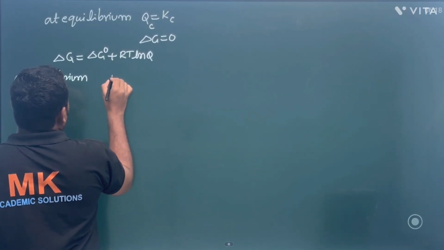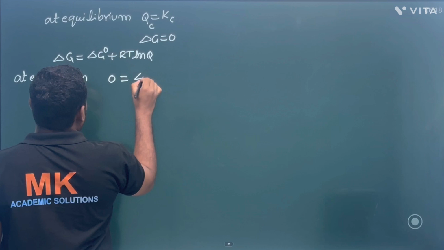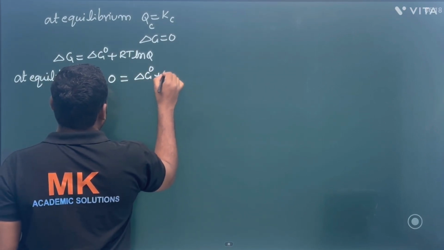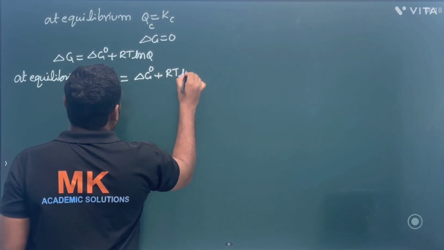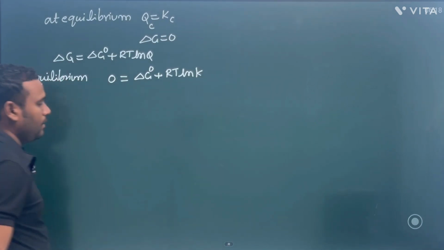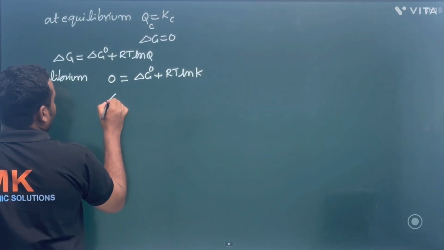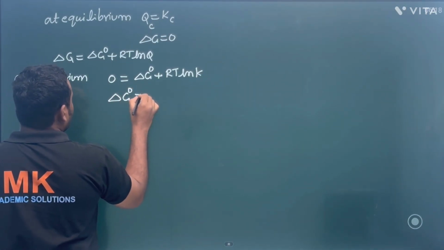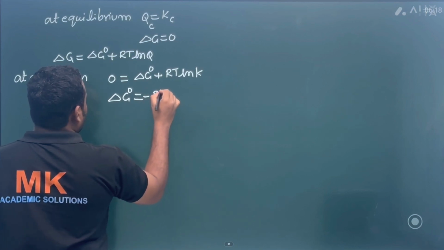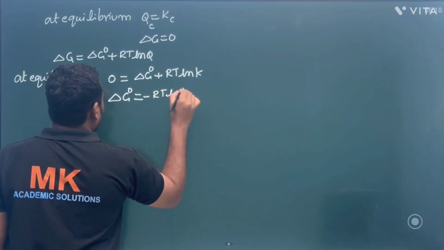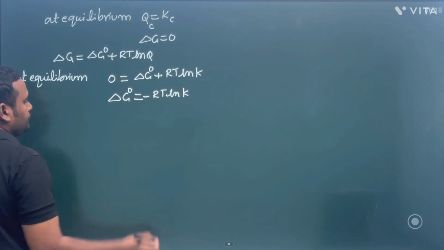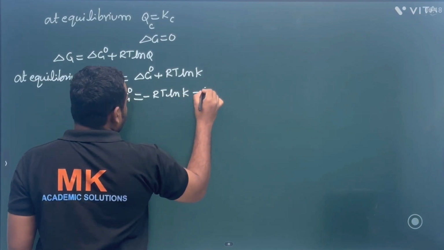Therefore 0 is equal to delta G naught plus RT ln K. Therefore delta G naught is equal to minus RT ln K, right? Now consider it as equation number 3.